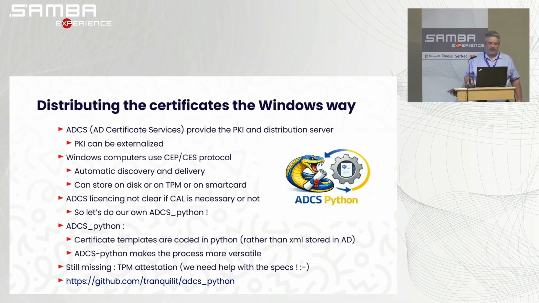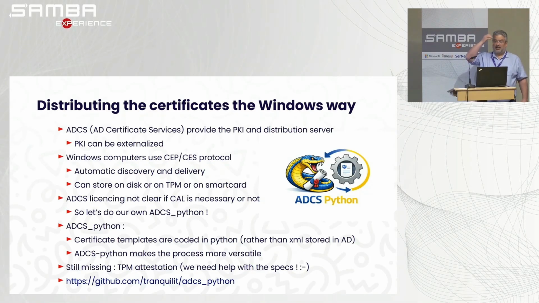There is a protocol called, I think, CEP/CES, and I don't know how you pronounce it in English. It makes automatic discovery and delivery of certificates for machines or users, and they can be stored on the disk, on the TPM, or on the smart card. Licensing is not clear on whether client access licenses are necessary or not.